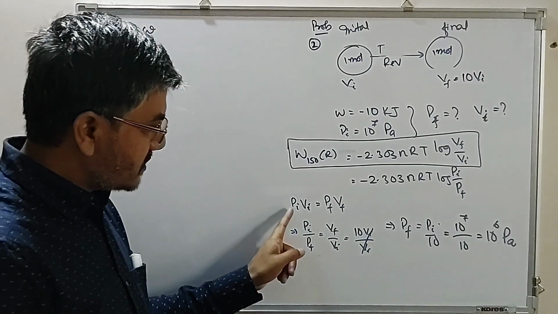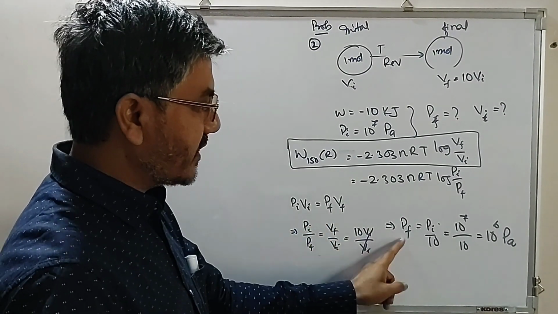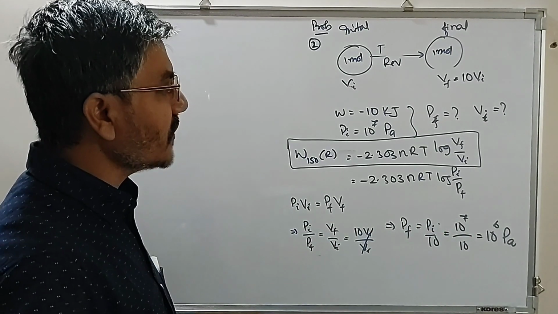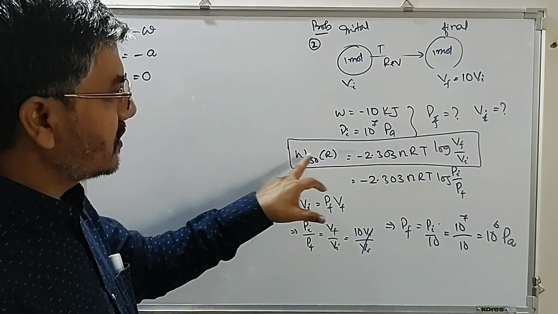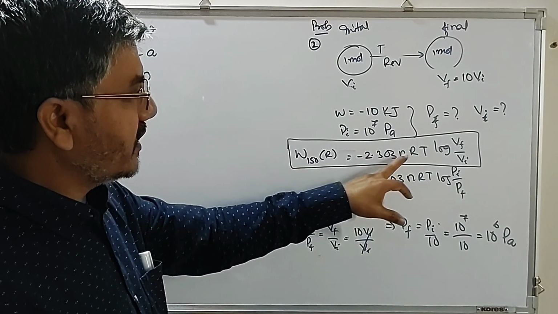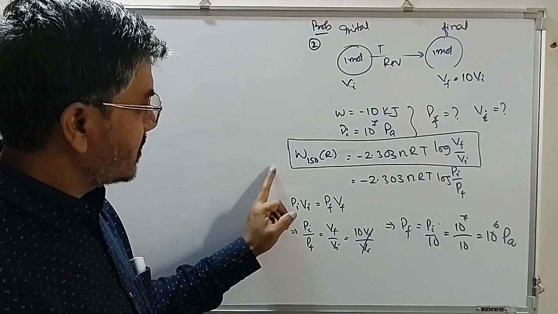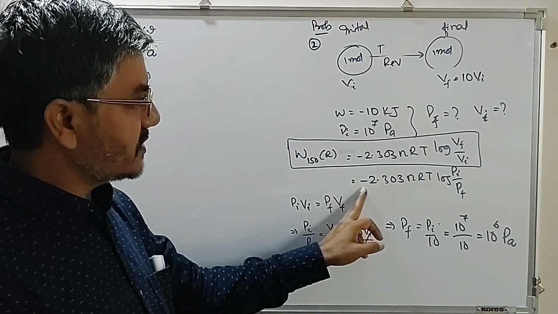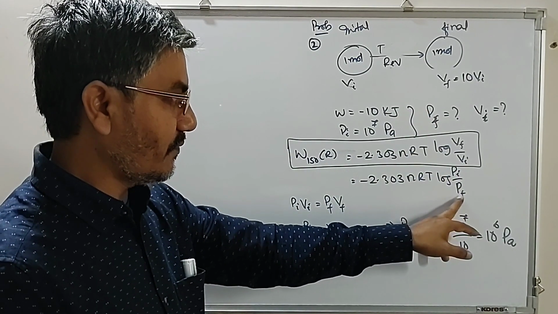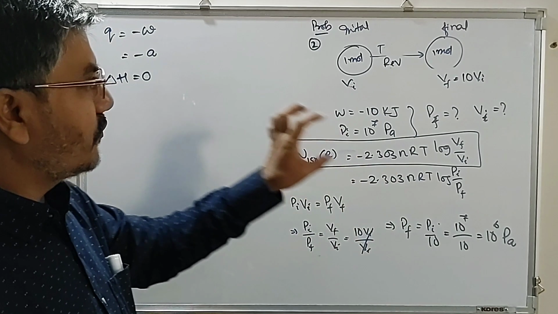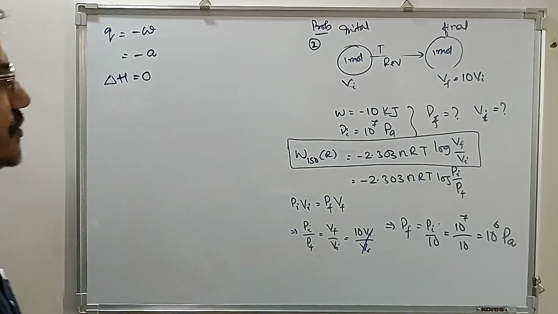So from this ideal gas equation at constant temperature we find the values of final pressure. So we have looked at this equation for isothermal work, 2.303 nRT log, which can also be expressed in terms of Pi upon Pf. This is the pressure ratio. Now for this process we have the ideal gas equation.